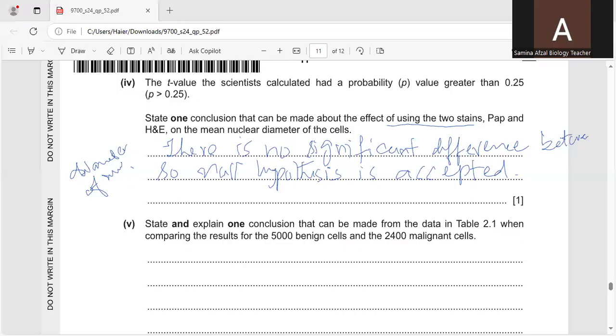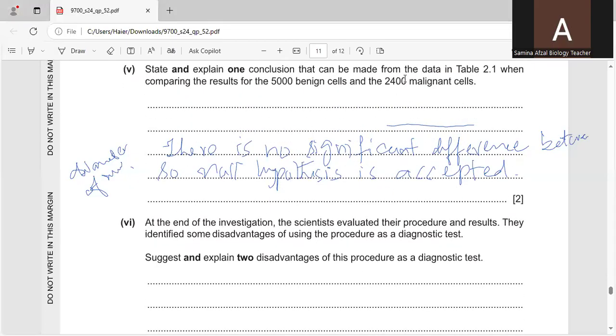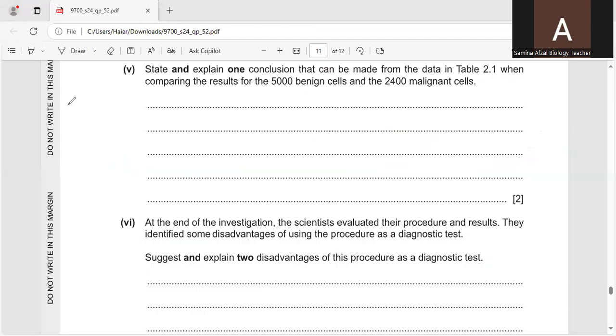Now the next question is state and explain one conclusion that can be made from the data in table 2.1 when comparing the results for the 5,000 benign cells and the 2,400 malignant cells. So first of all we have to state, then we will explain our idea.